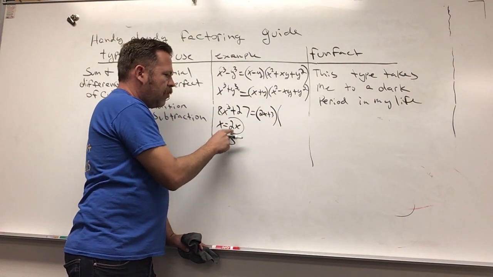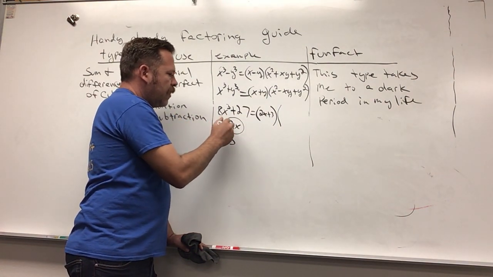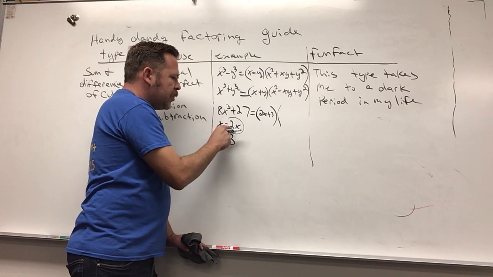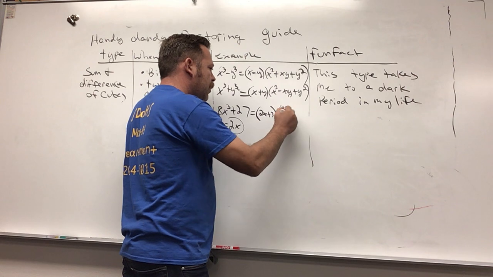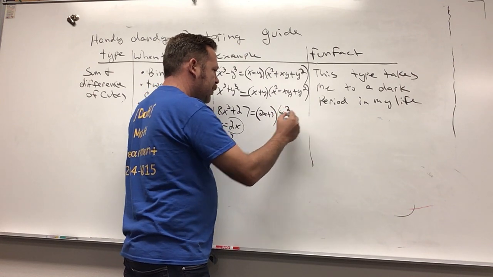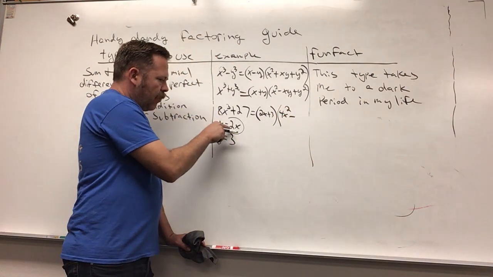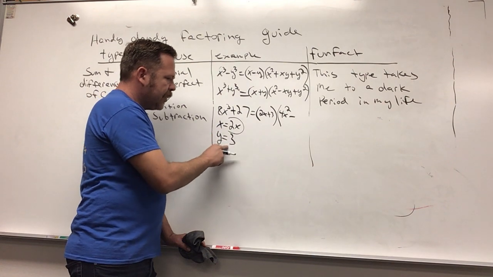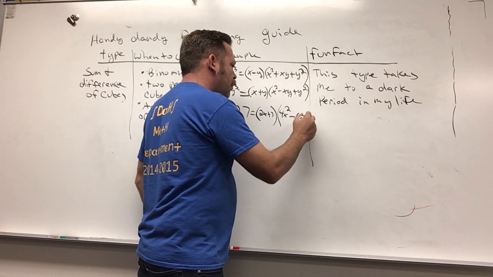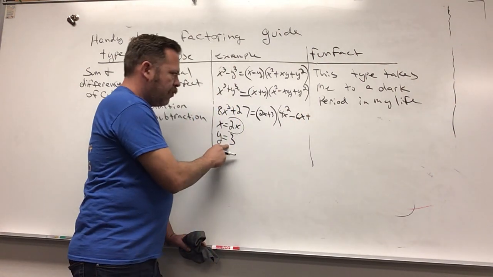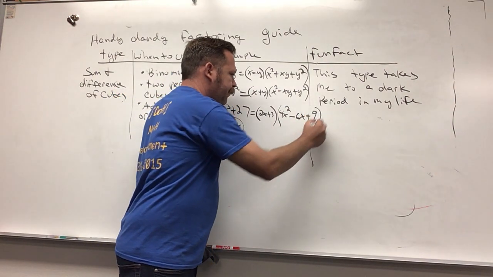If I squared the whole thing, it would be 2 times 2, which is 4, and x times x, which is x squared. So 4x squared minus, when I multiply them together, 2x times 3 is 6x, and then plus 3 squared would be 9.